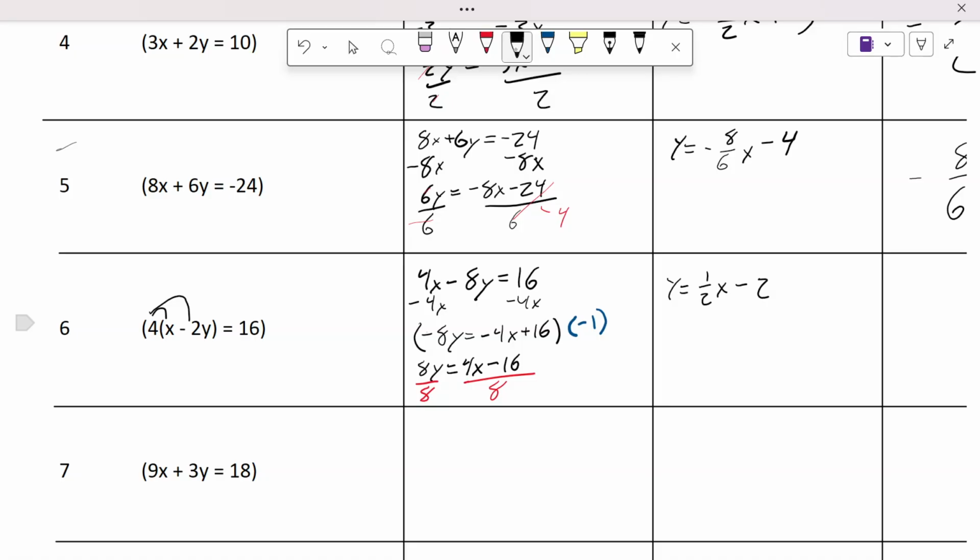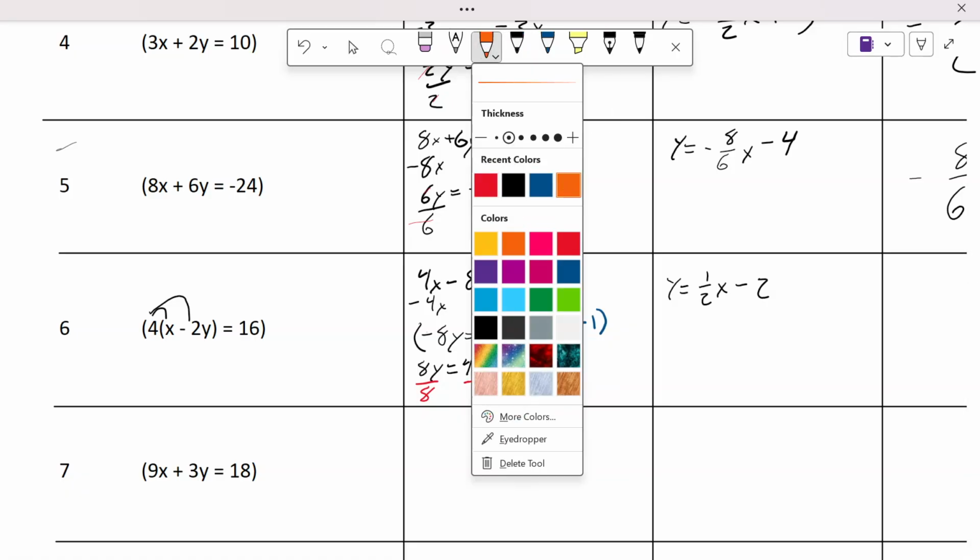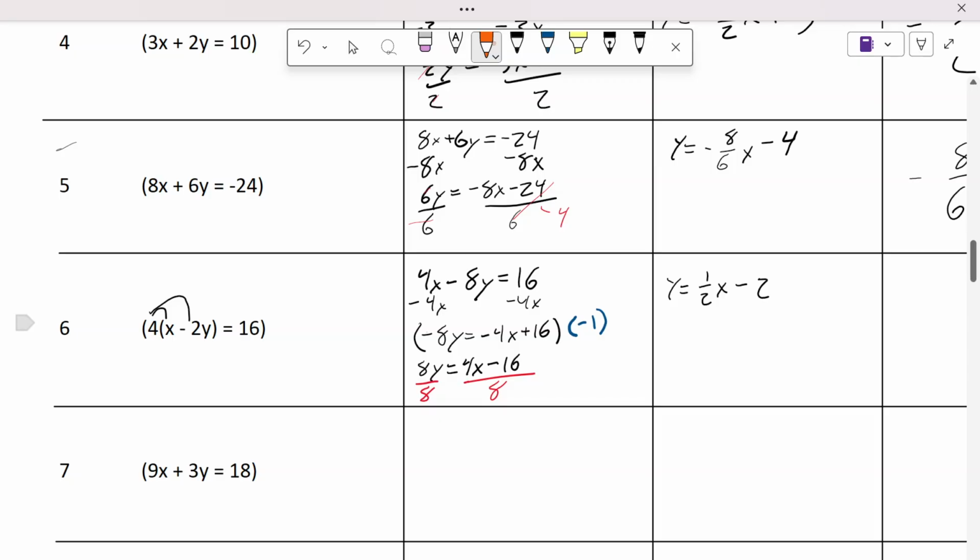And what this does is it makes that 8y positive, and you just multiply these by negative 1 as well. So the negative 4 will turn into positive 4, and the positive 16 will turn into negative 16. Because again, what we're doing right here is taking negative 1 times the 16, negative 1 times the 4, and negative 1 times the 8.